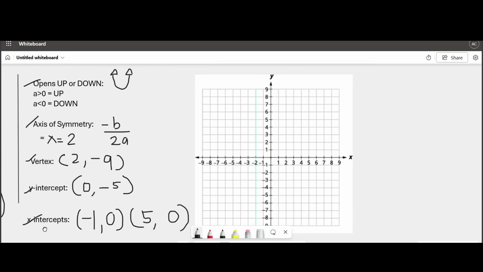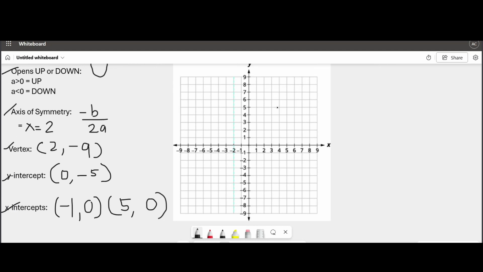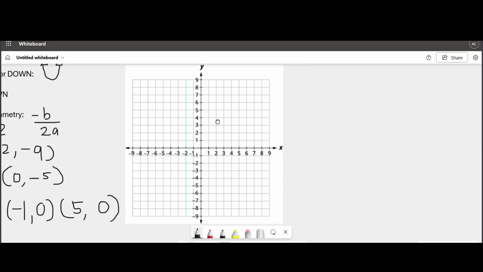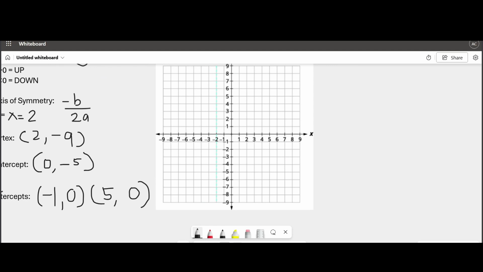Okay, so now let's try to graph that into this little graph right here. Okay, so now we have to graph the axis of symmetry first.